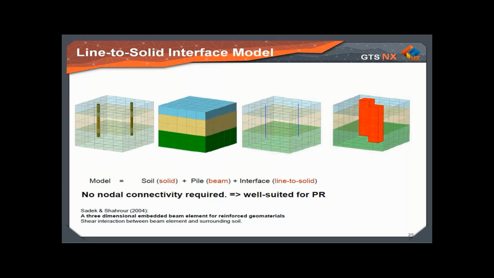The beam elements that represent the pile are connected to the surrounding soil through a special interface. Actually, two interfaces. One is a line to solid interface for the shaft, which itself has two parts. One part is connected to the beam, and the other part, highlighted here in red, is connected to the hosting 3D soil element.